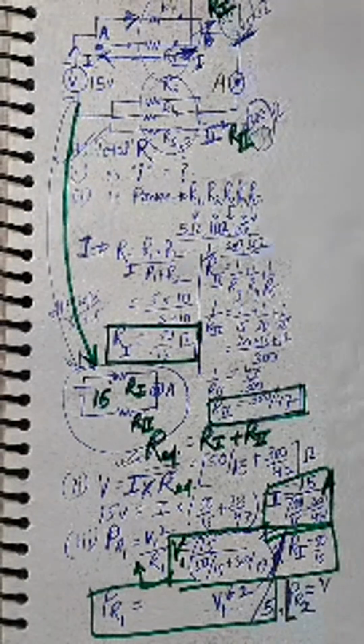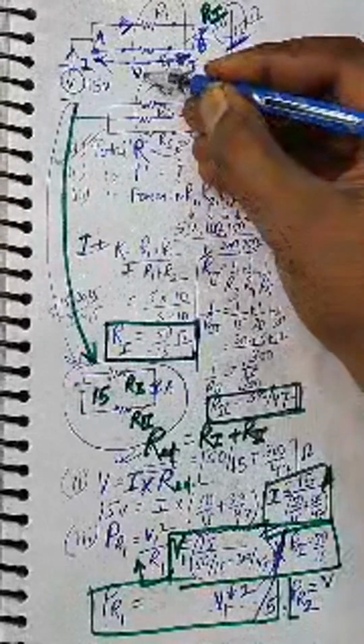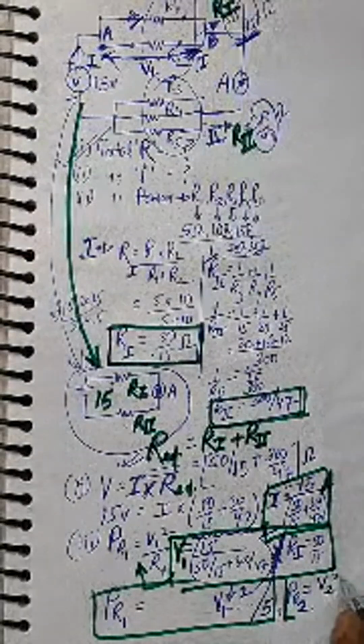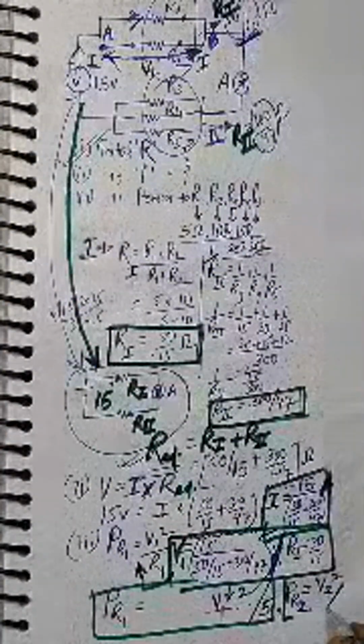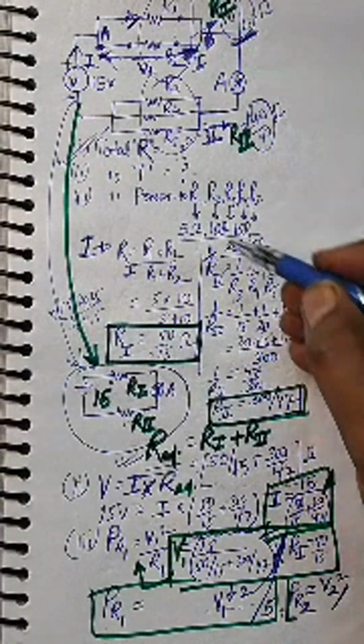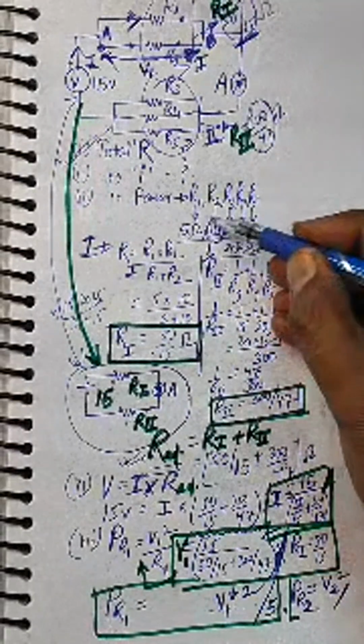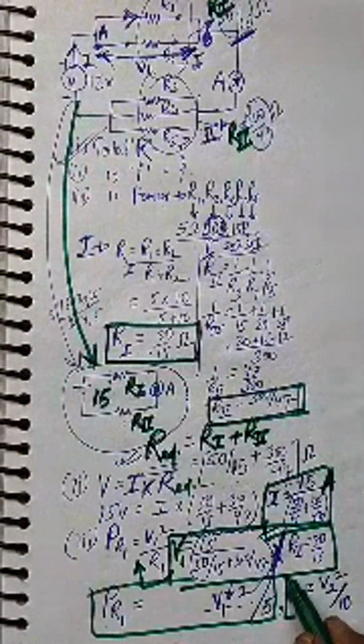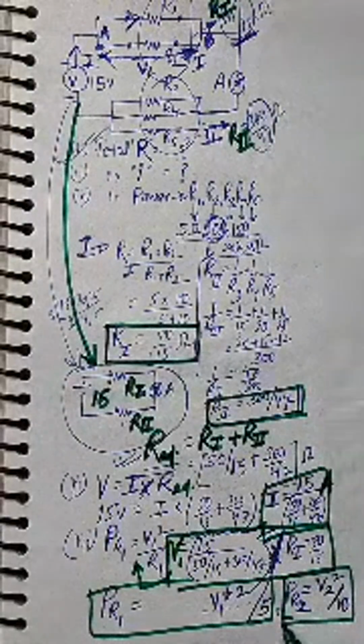Similarly, power across R2 is also the same voltage V1 across terminals A and B. It is equal to V1 square divided by R2. What is R2? R2 is 10 ohm, so divided by 10. In this way, you will get the power across the second resistance.